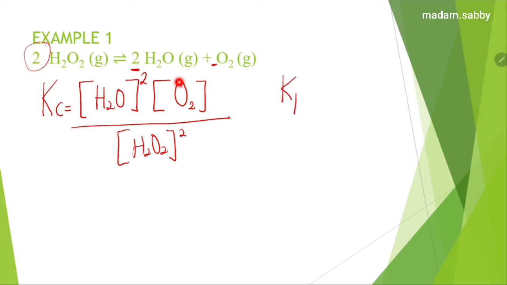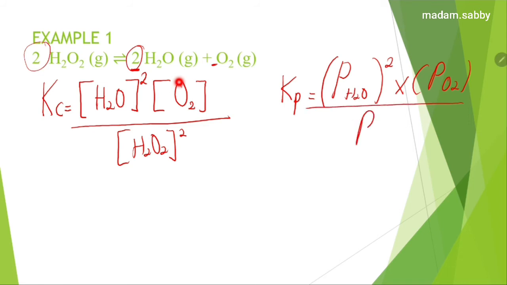If I want to write down the Kp, P stands for partial pressure, so P of H2O. In the Kc I use square brackets, but for my Kp I will use round brackets. Again, the stoichiometric coefficient appears as power 2, times the partial pressure of oxygen over the partial pressure of H2O2 squared.